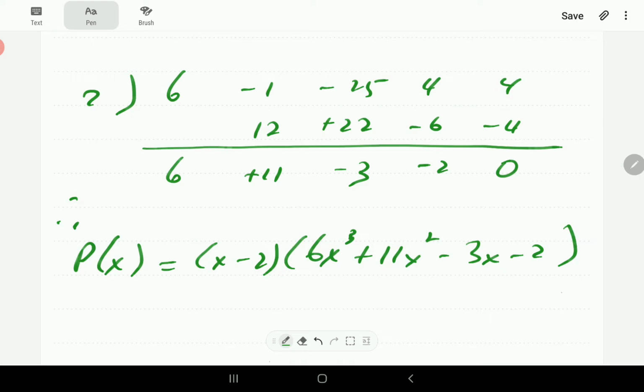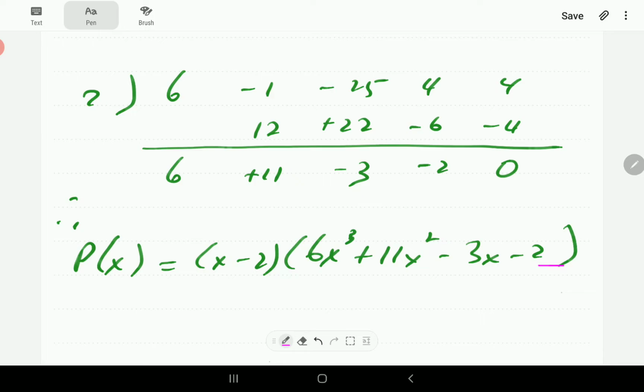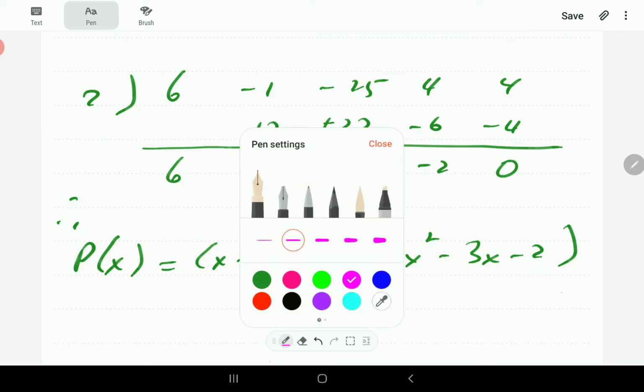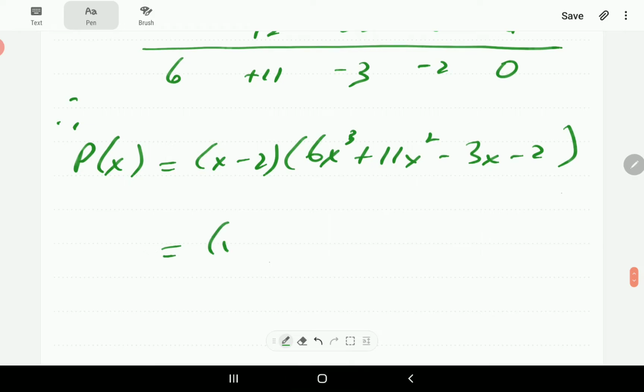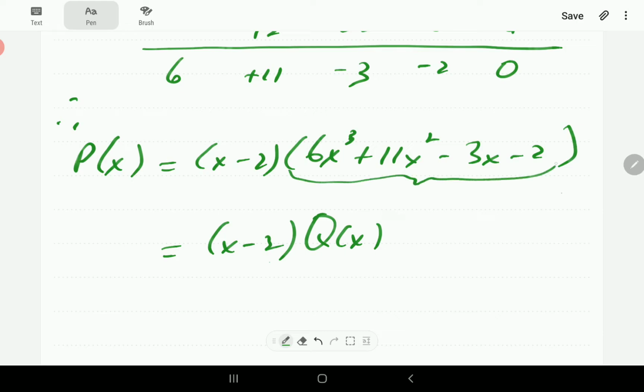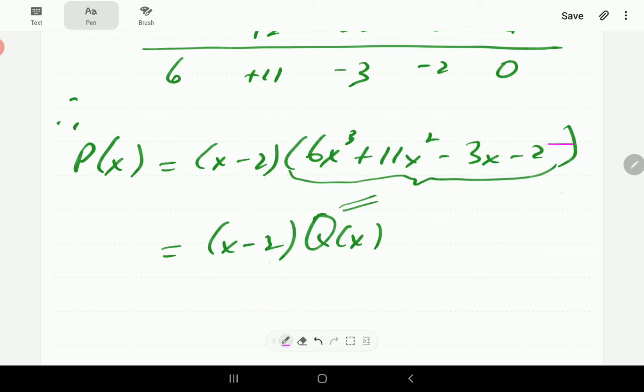Now what you're going to notice is the constant of the quotient, which is where our focus is going to be now. So if we just let this be our q of x, then the constant is now 2. Leading order term coefficient is still 6.